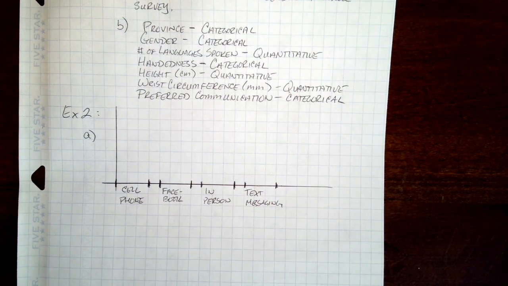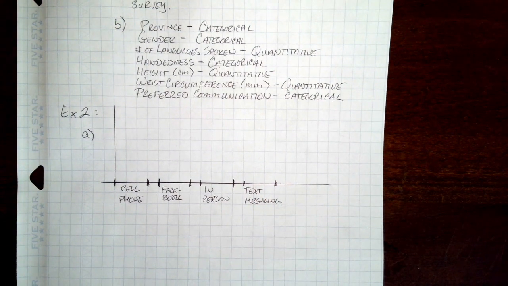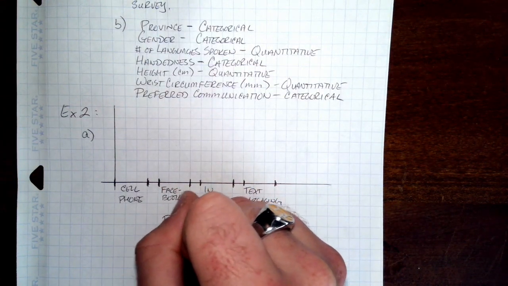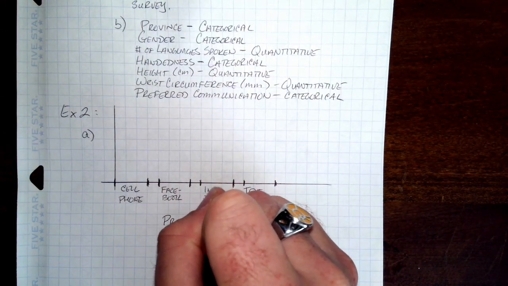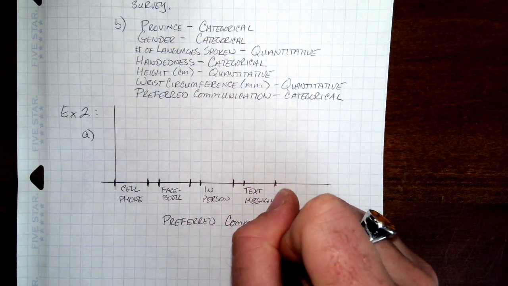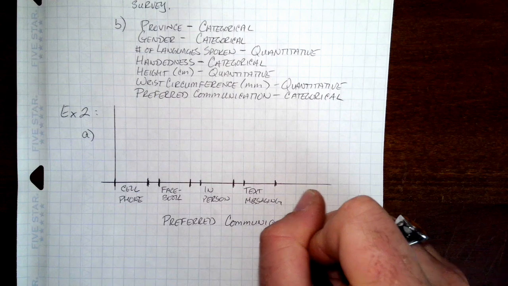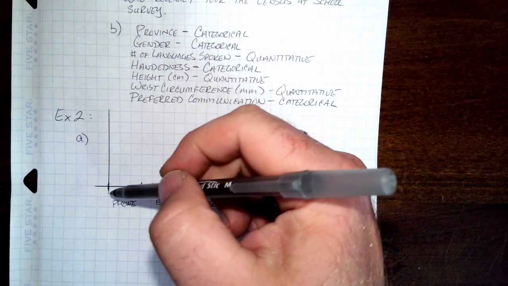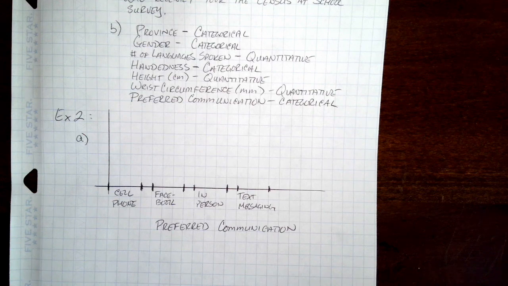So my setup here is actually pretty incomplete. We also have to say what we are measuring. We are measuring preferred communication. And we also have to scale our y-axis here. We have to say how much we're counting by and what we're counting.